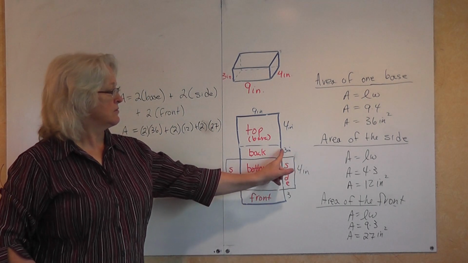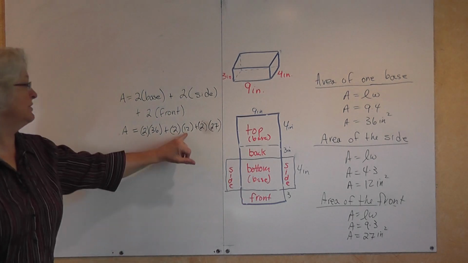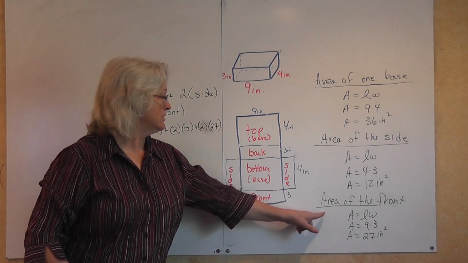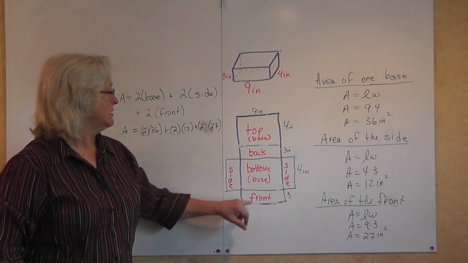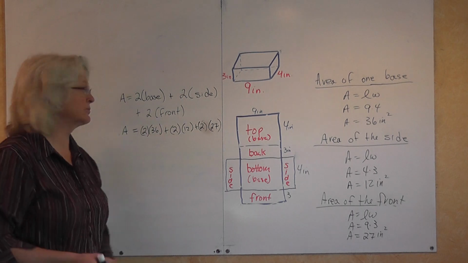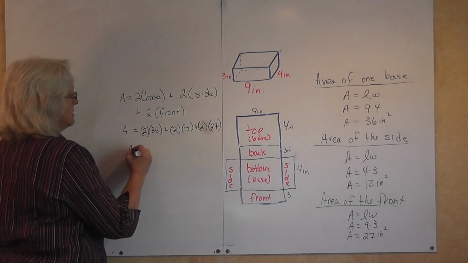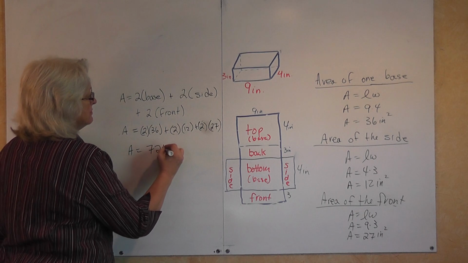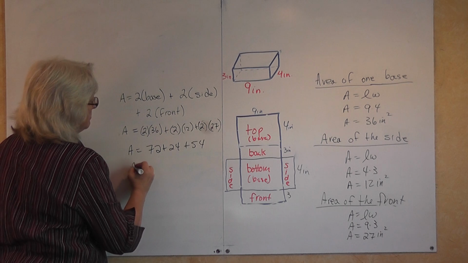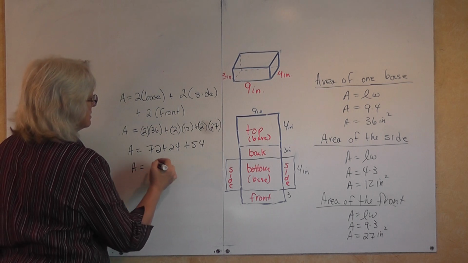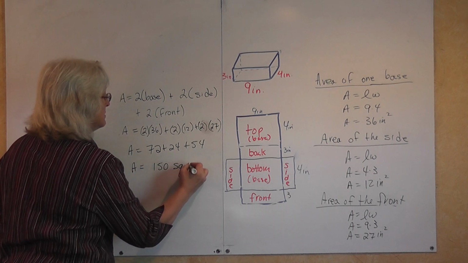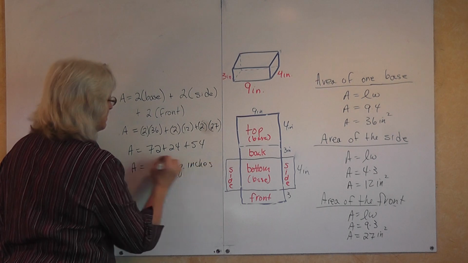Sides, 3 times 4, 12 inches, twice. Front, length times width, 3 times 9 is 27, twice. That's what our total surface area is going to be. 72 plus 24 plus 54, I hope. Carry 1, 150 square inches.